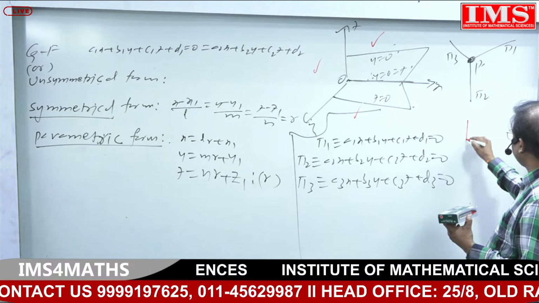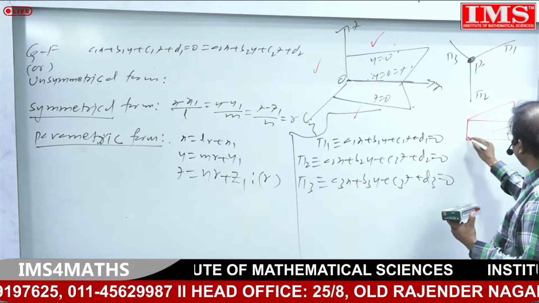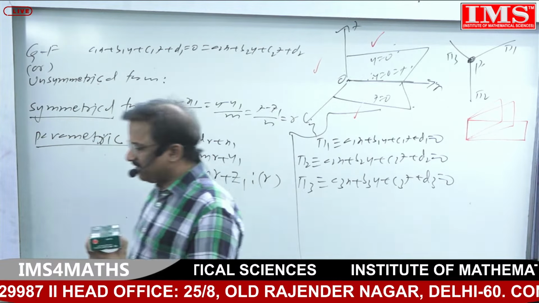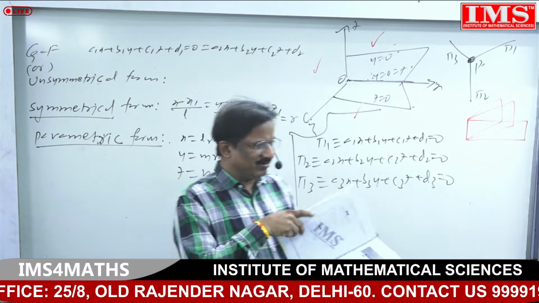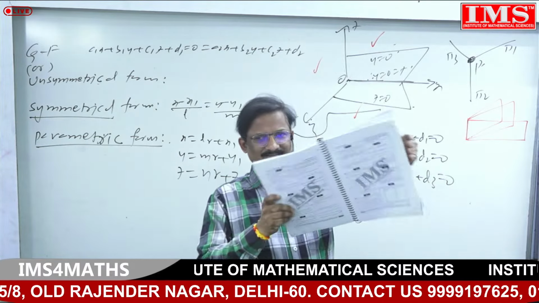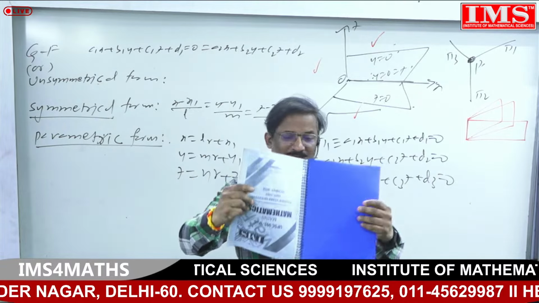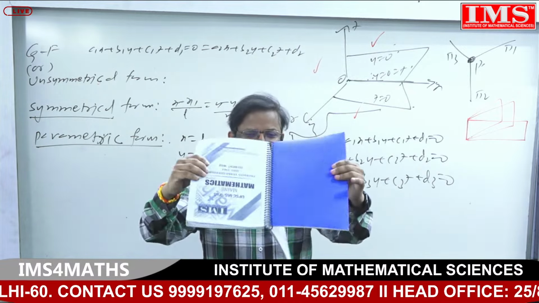Next, another point. This is one plane, this is another plane, this is another plane, right? And three planes together in a common line. Three planes together in a common line. But you can't see these two planes as parallel.